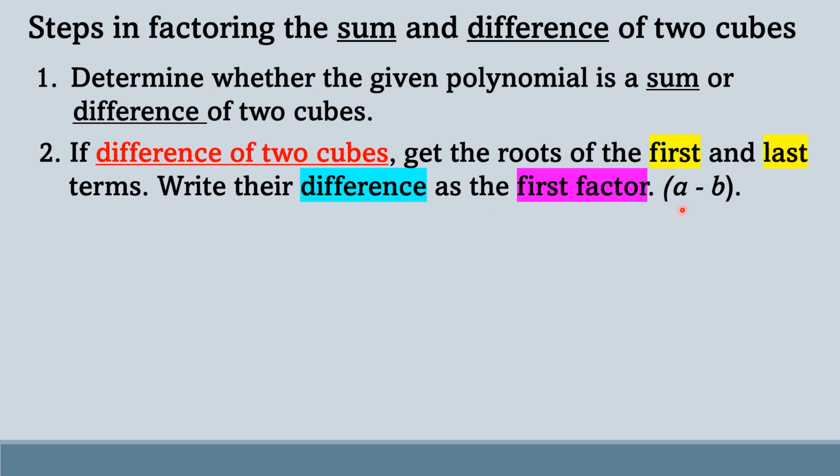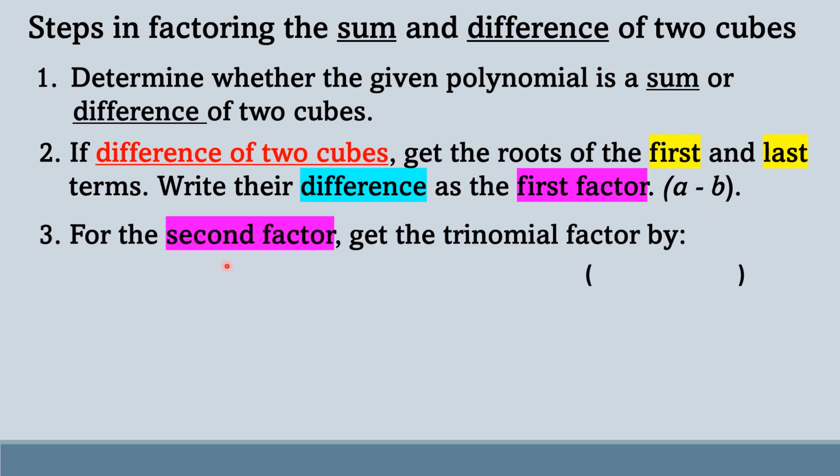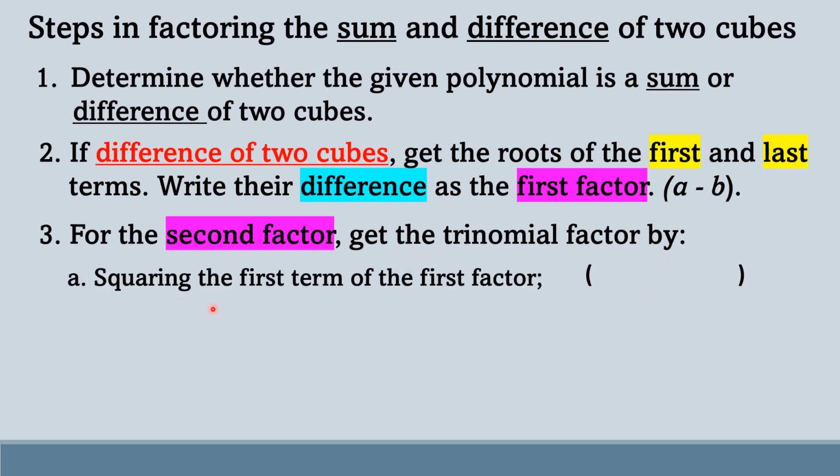So the pattern of our first factor will be the quantity of A minus B. Next step, getting the second factor. We're going to get the trinomial factor by squaring the first term of the first factor. The first term of our first factor is A, so we're going to square A, that is A squared.